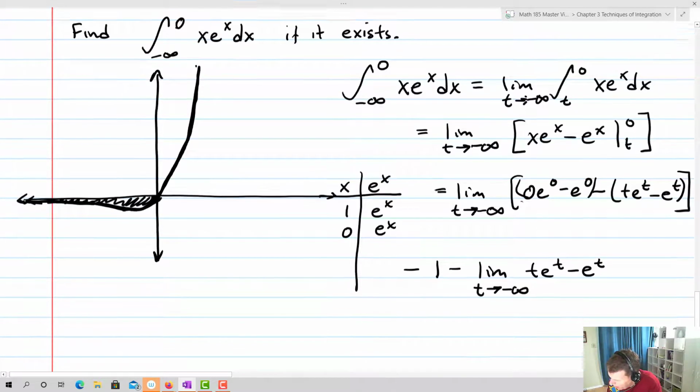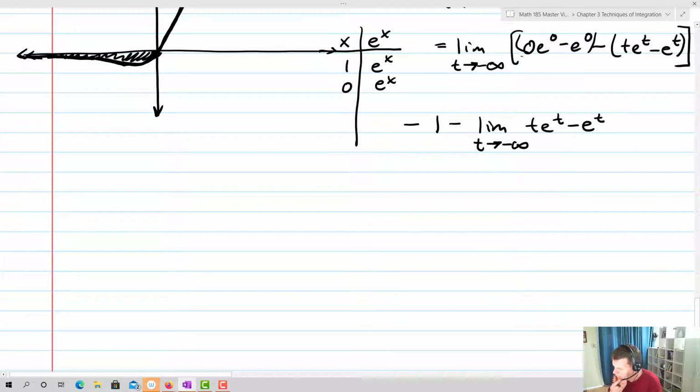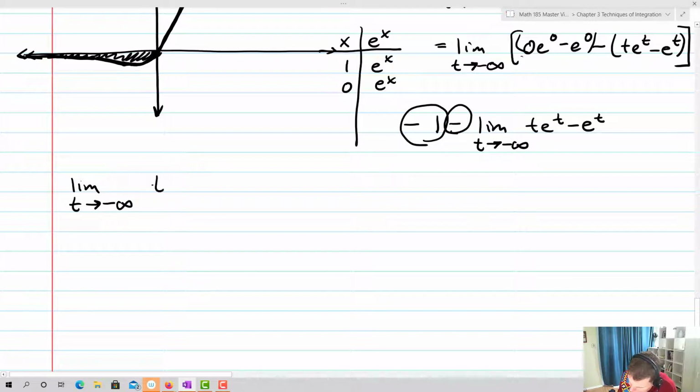Our chief concern now is just to find this limit. What is the value for that limit? So we're going to set the negative 1 aside, and even set the negative sign aside for just a moment, and concentrate on finding the limit as t approaches negative infinity of t e to the t minus e to the t. The first thing I notice is that I can factor out an e to the t.